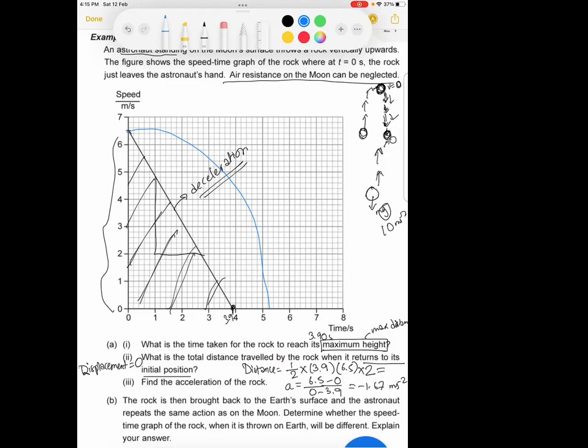But the speed is increasing here, right? No, the speed will decrease. Just like on the moon, the speed will decrease, but on Earth, the deceleration will actually increase over time.